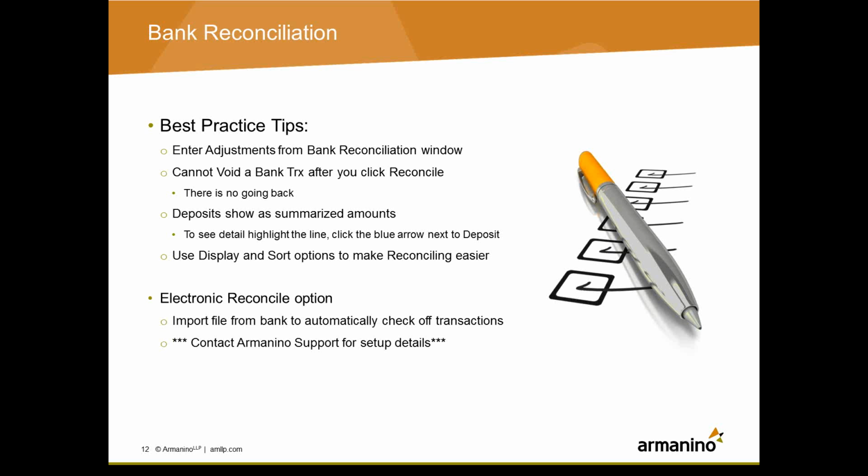Deposits do show up as summarized amounts on the bank rec list itself. If you do, let's say, daily deposits for maybe a retail store, your deposit could make up quite a few cash receipts.